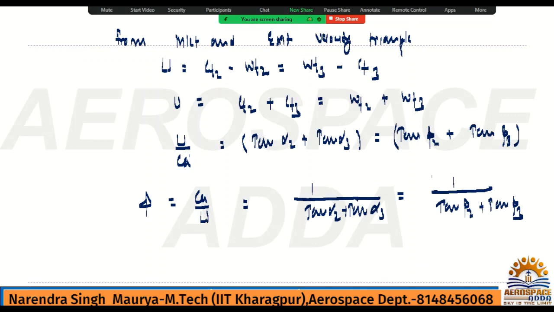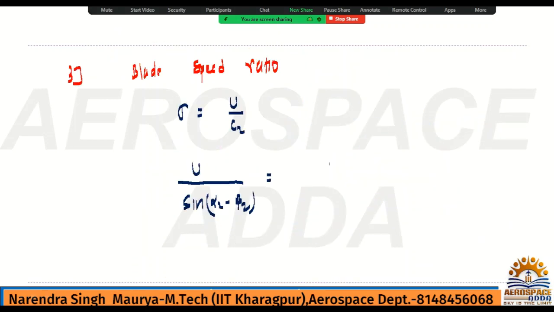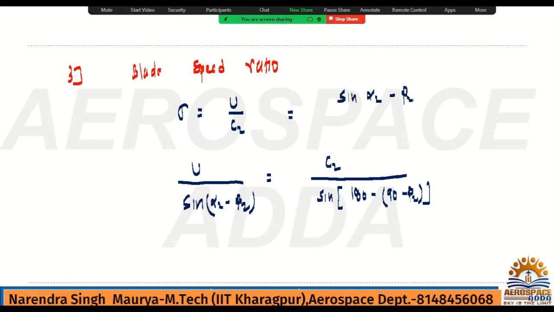So this will be C2 divided by sine of 180 minus 90 minus beta 2. What will u upon C2 be? If you write u upon C2, it will be sine of alpha 2 minus beta 2, divided by sine of 180 minus 90 minus beta 2. Solving this, minus minus plus, 180 minus 90 gives 90 plus beta 2, and sine of 90 plus beta 2 is cos beta 2.